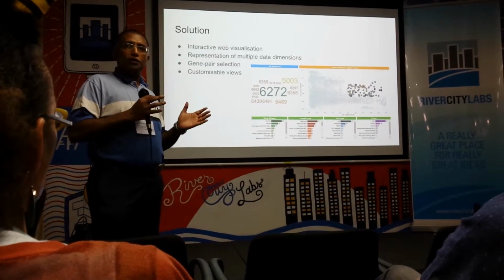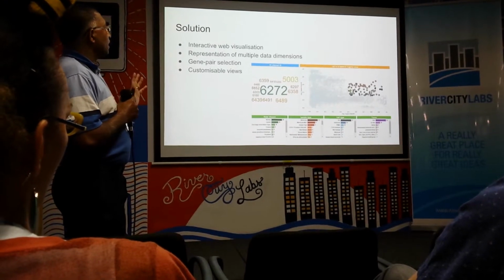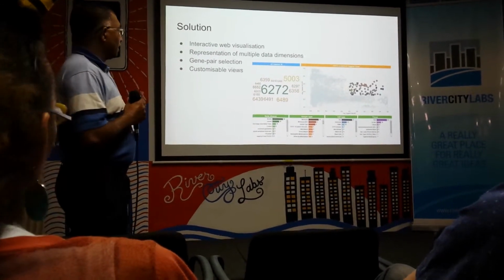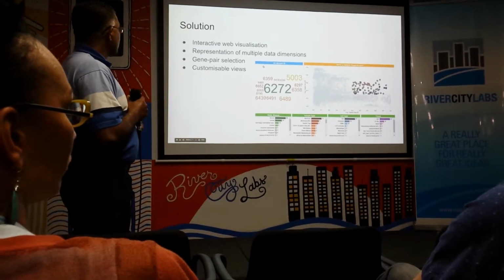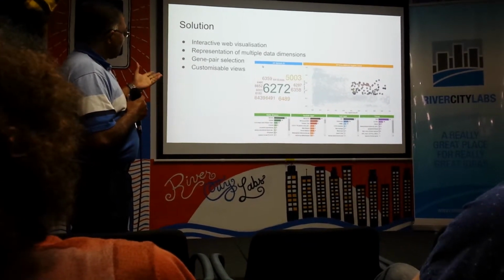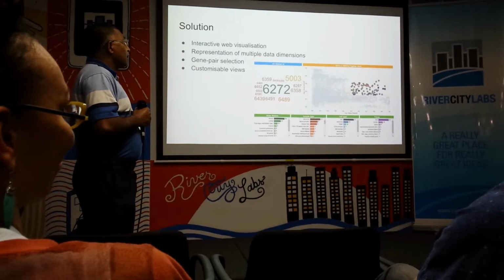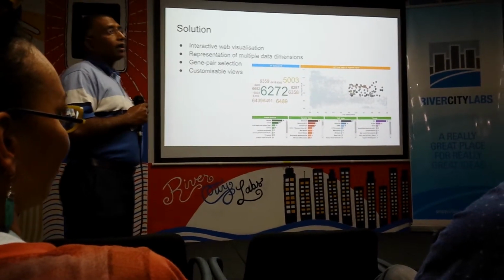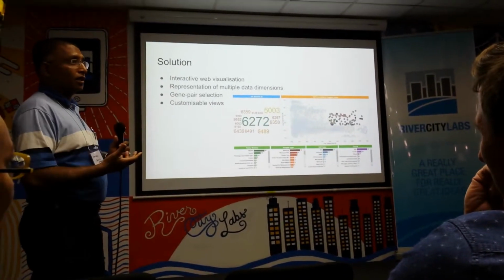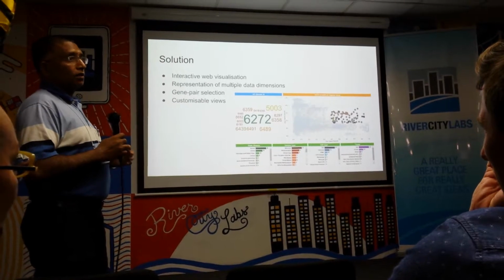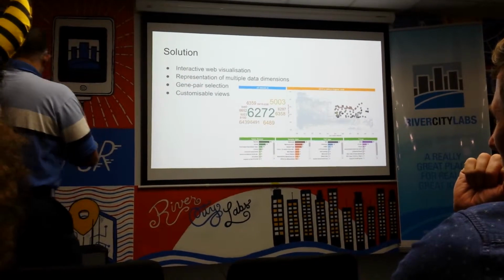Being a new technology and a new tool, it has the capability to represent data much more effectively and visually in many more dimensions. Then we have gene pair selection, which we'll go through in the demo in a short while. And we can have customizable views, so we can generate views as the researcher needs. So it is going to be a tool of the future for genomic visualization. Thank you. Over to you.